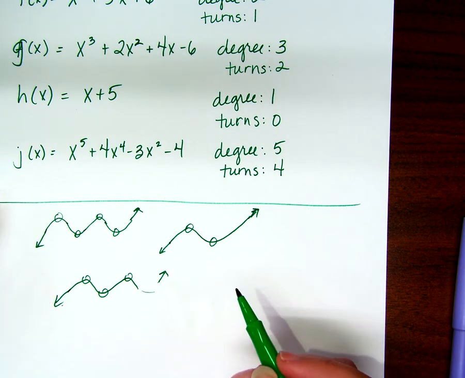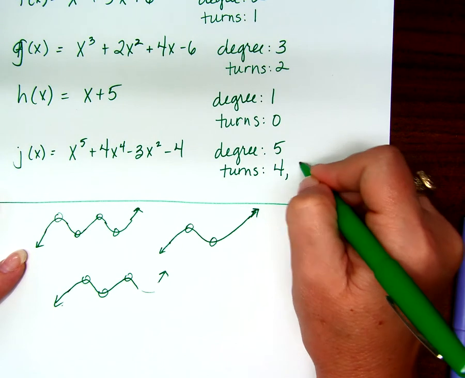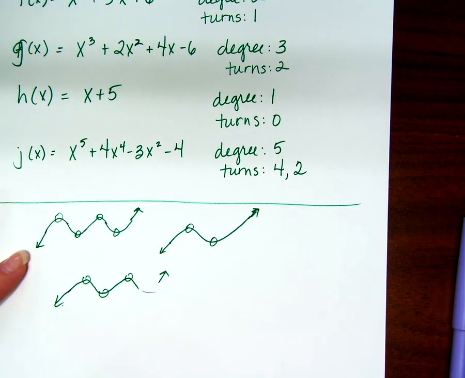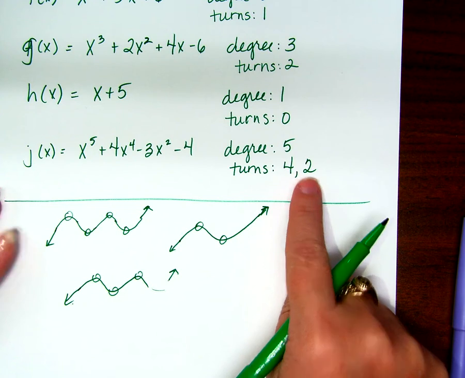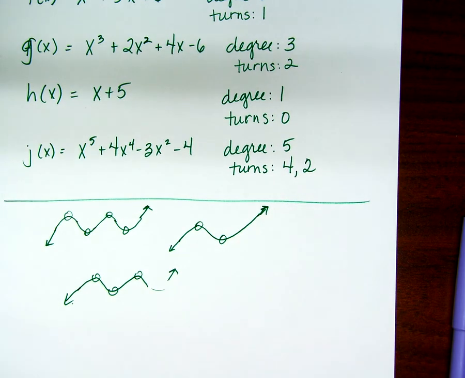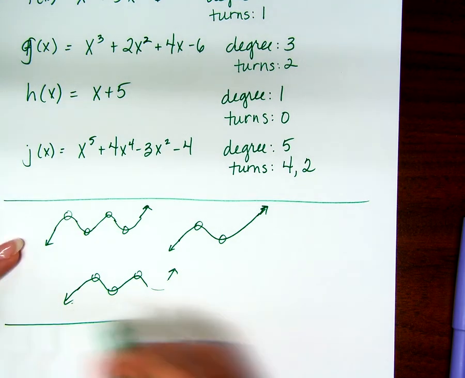We can't have that. So there's either 4 turns or 2 turns. So how are we going to say how many turns there are? If the degree is 5, how many turns are there? 4 at the most. Does that make sense? If there's less, how many are there going to be? Less by 2.